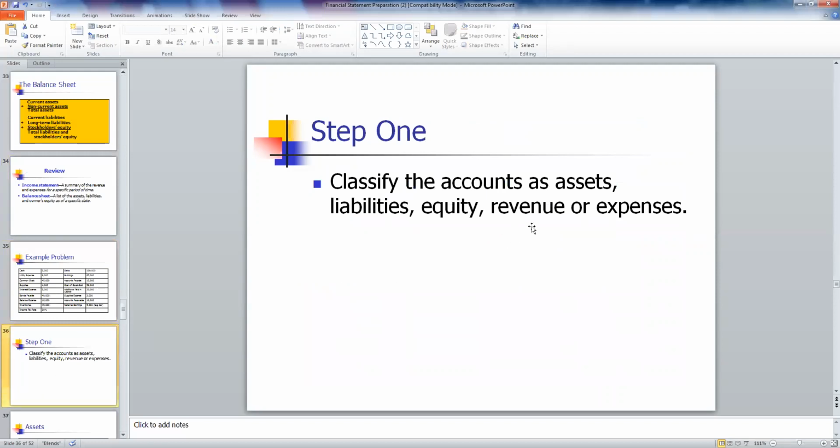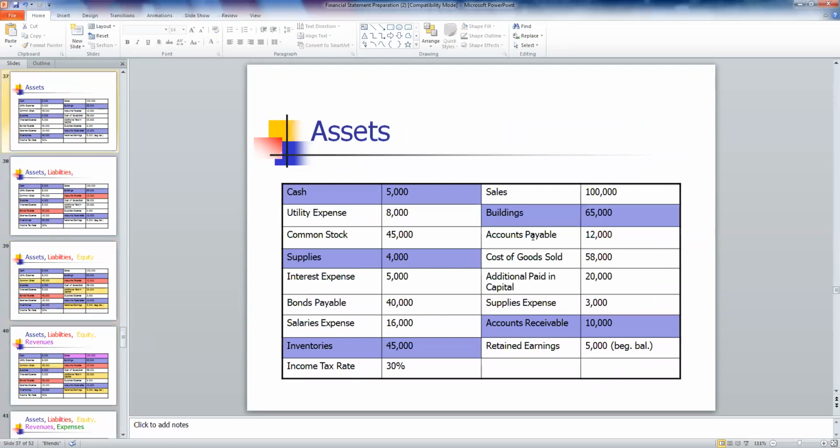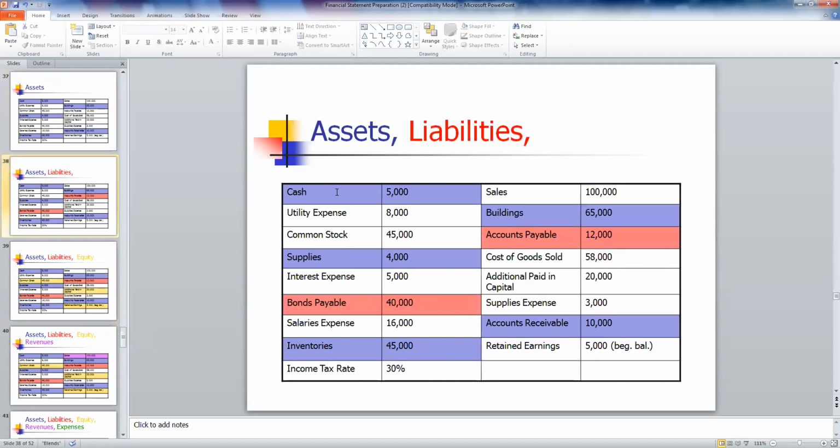We want to classify the accounts as assets, liabilities, revenues, or expenses. The items in purple are assets, and let's not worry about the details this week. We'll come back to this example again. The ones in this pinkish salmon color are liabilities. The ones in yellow are equity. Those are all balance sheet accounts.